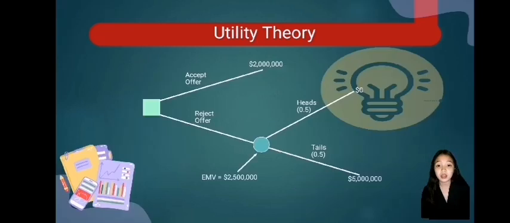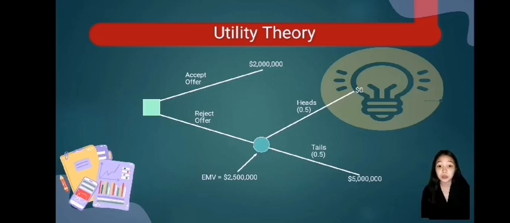Suppose that you are a lucky holder of a lottery ticket, and 5 minutes from now, a coin will be flipped. If it comes up tails, you would win $5 million, and if it comes up heads, you would win nothing. And just a moment ago, a person offered you $2 million for your lottery ticket.